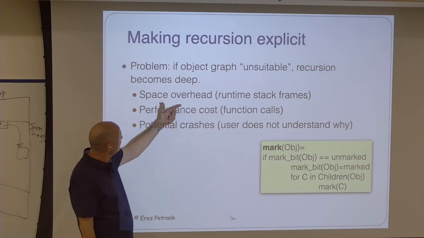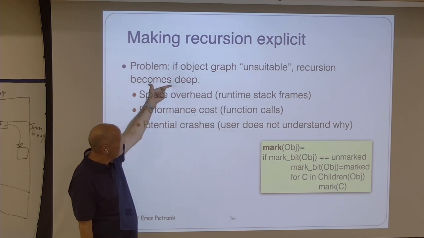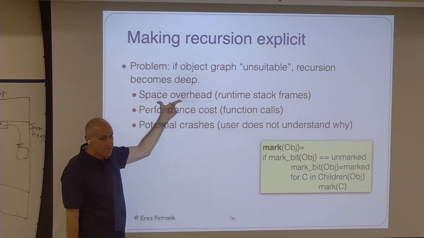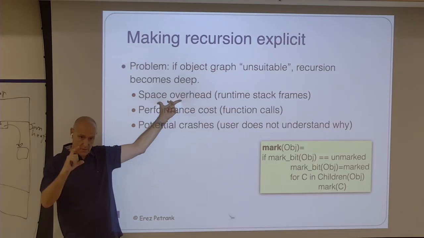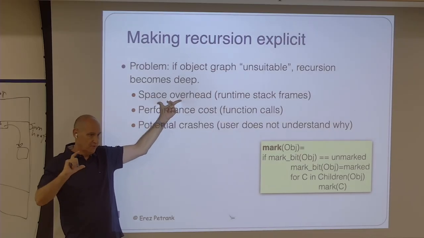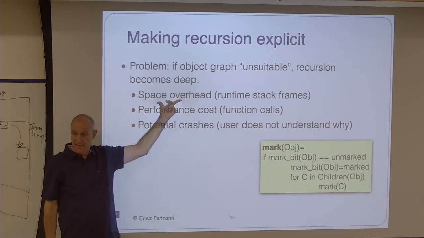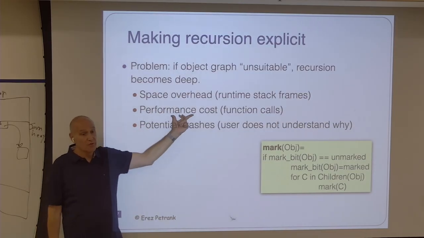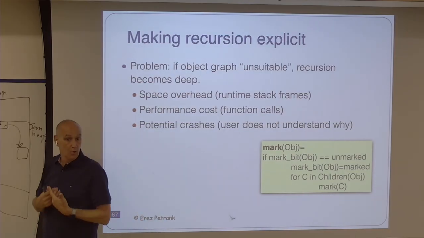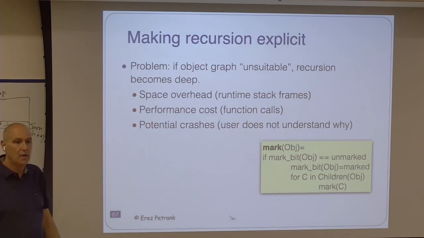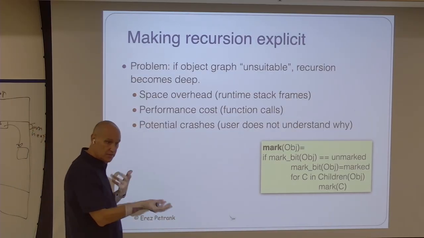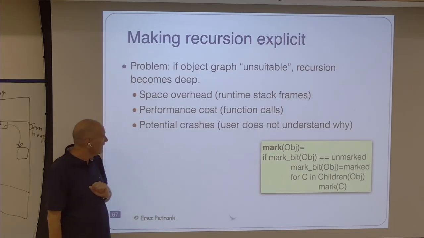And so you're going to have a deep recursion with a space overhead of a stack frame for each level of recursion. There's a performance cost because you have to open a stack frame, copy all the registers that you need to save, and stuff like that.